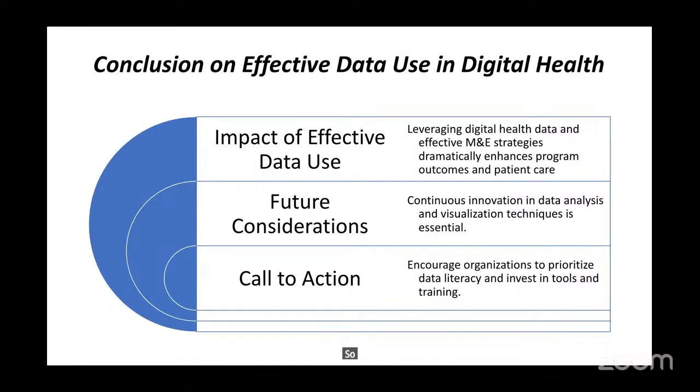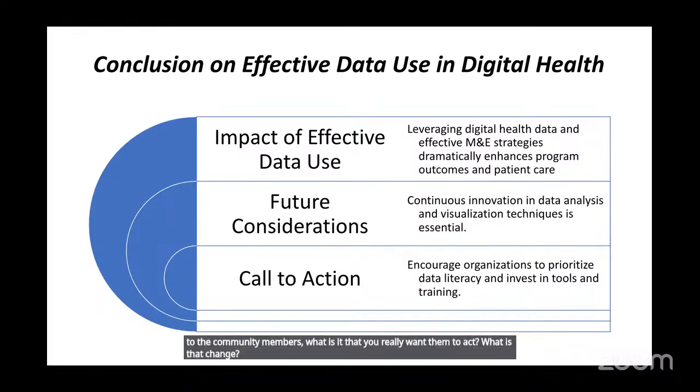So whenever you're done with all your analysis and stuff, you really need to be very critical to put to the policymakers, what is it that you really want them to act? To the community members, what is it that you really want them to act? What is that change?